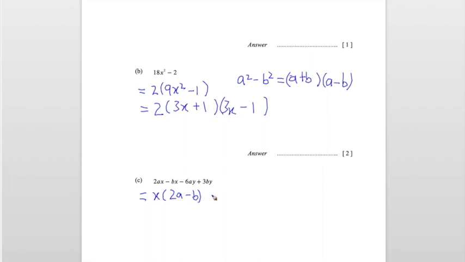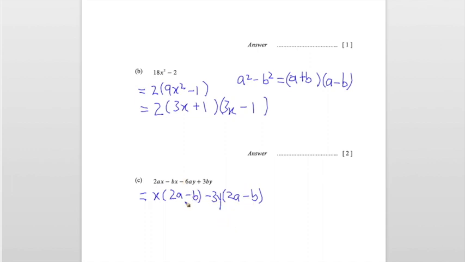That means what we take out is negative 3, and there is a common y as well.